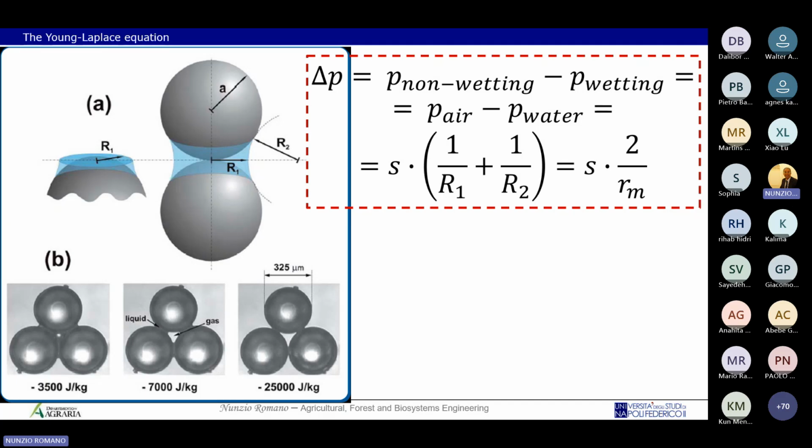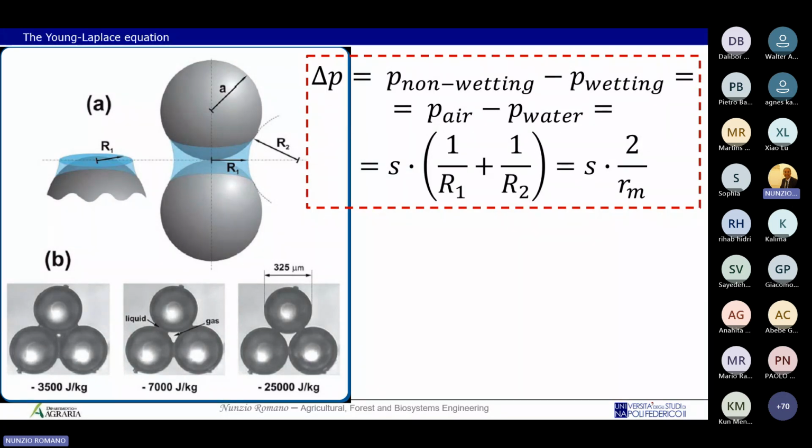This means that there is a pressure difference between the non-wetting fluid, which is air for example, and the wetting fluid, which is water. But of course, you have this situation even if you have oil and water, or mercury and water.